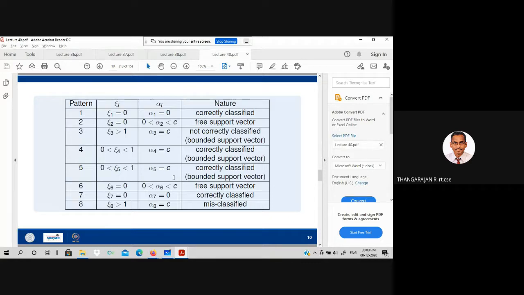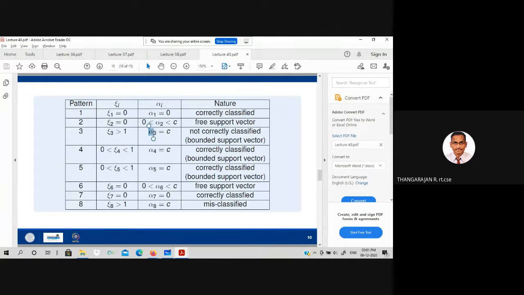If the error is 0, it means the point is correctly classified, and alpha is some value you choose. If alpha is equal to 0, then it is correctly classified. If the error is 0 but alpha lies between 0 and C, that is, alpha is not 0 but some value between 0 and C, then it is a support vector.